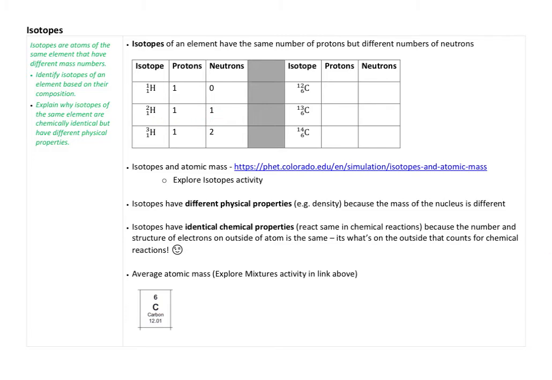That's also known as deuterium, if you've ever heard about deuterium, if you're into nuclear movies or watching The Simpsons or something like that. And then we can also get another isotope of hydrogen, which has 1 proton and 2 neutrons. So that gives it a mass number of 3. 1 plus 2 equals 3. That's known as tritium.